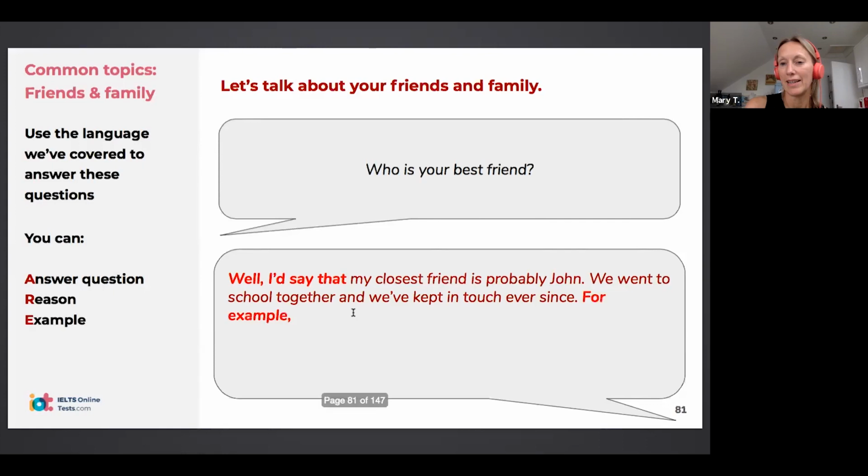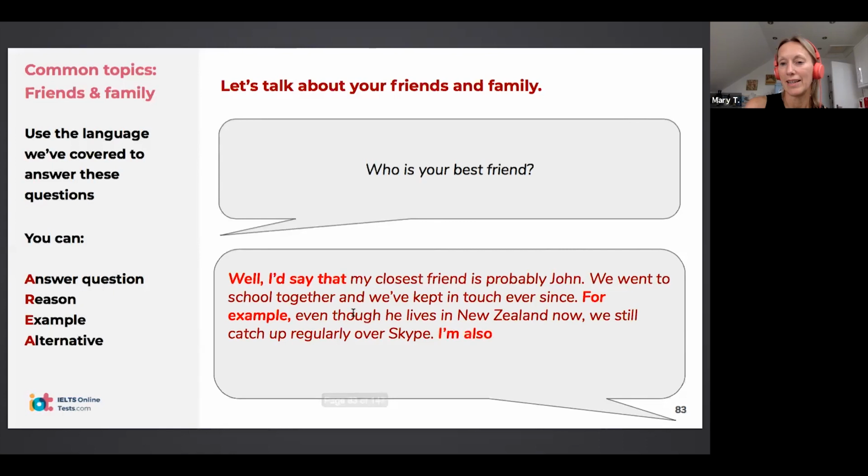And then an example. So in this case, you can add, for example, even though he lives in New Zealand now, we still catch up regularly over Skype. Okay, and then you can add an alternative. So I'm also planning to go and visit him perhaps next year.